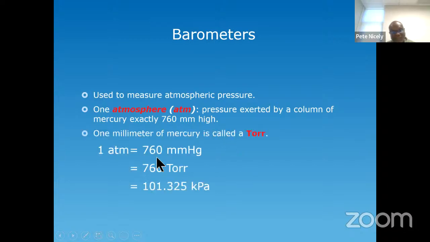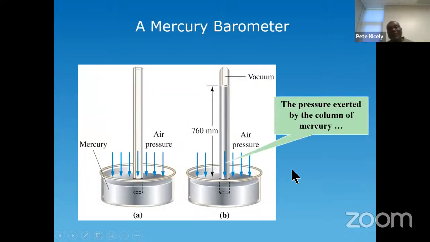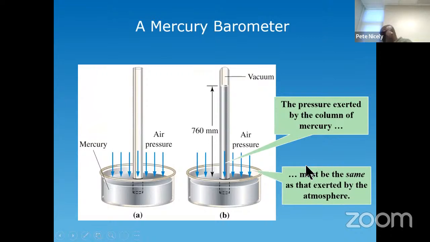So that's the relationship between the atmosphere unit and the millimeter mercury unit. And as I said before, the millimeter mercury unit is the same thing as a torr unit. And it turns out that 1 atmosphere is also equal to 101.325 kilopascals. So let me show you a setup for how we have defined the atmosphere unit in conjunction with the millimeter mercury unit.